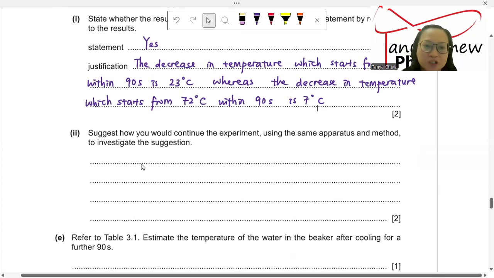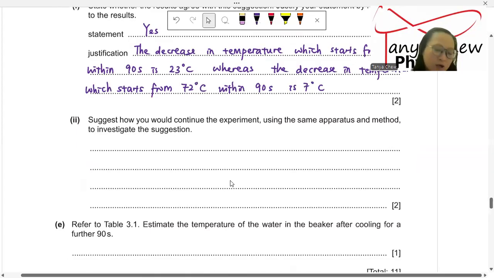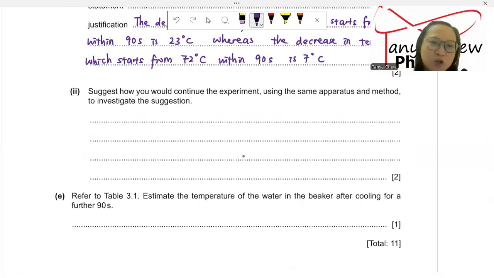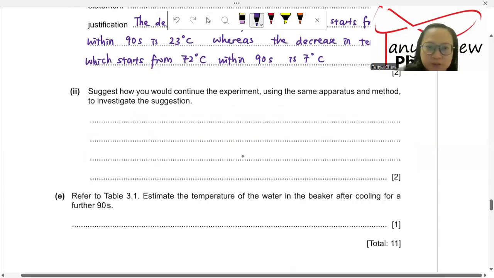The second part suggests how you will continue the experiment using the same apparatus and method to investigate the suggestion. So I will just continue with the experiment.